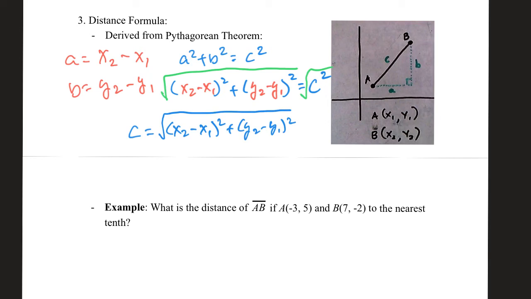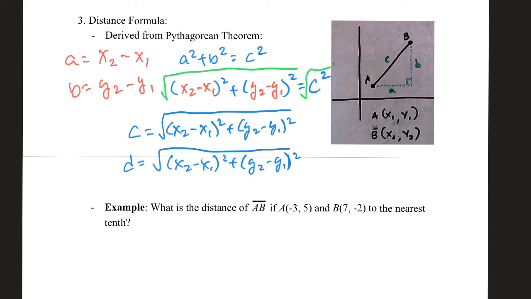And then this is the actual distance formula, because we wanted to know what the distance of c is. Well, that's this right here. So I can just rewrite this as d is equal to that whole thing.